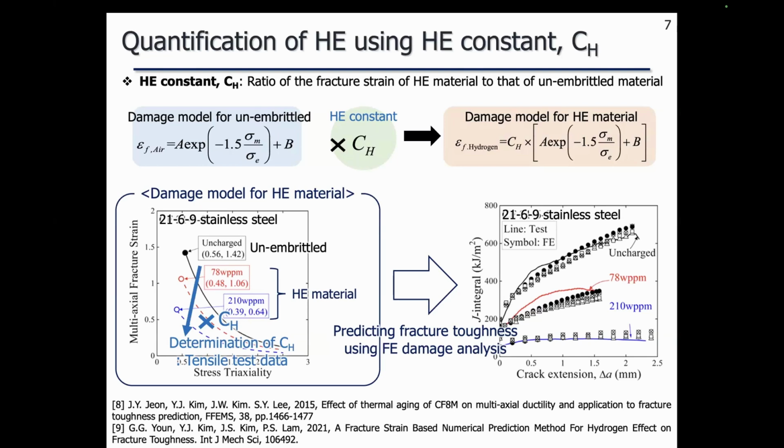The CH is defined as the ratio of the fracture strain of the hydrogen embrittled material to that of the unembrittled material. For FE damage analysis, the CH was multiplied to the strain damage model of unembrittled materials. This methodology using CH was validated by comparing simulated JR curves with experimental JR curves.